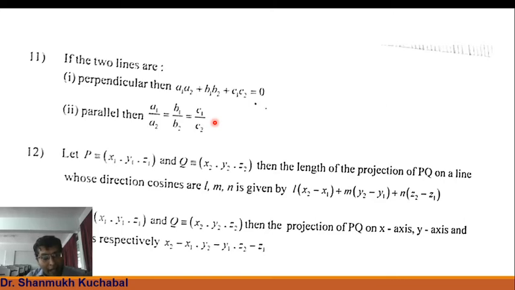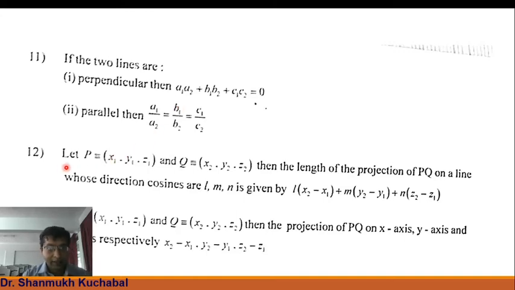You can see i plus j plus k is one vector, and one more vector which is parallel is 2i plus 2j plus 2k. If you take the ratio of this, we get 1 by 2, 1 by 2, 1 by 2, everywhere the same. So it is called parallel. I hope I have cleared the difference between perpendicular and parallel in vectors.